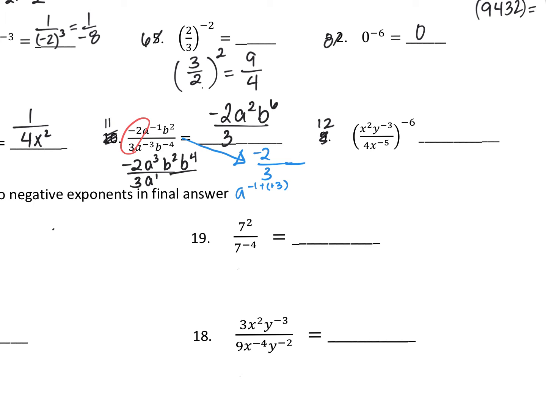Plus positive becomes a squared, right? 2. Is that what I got on the first way we did it? Yes. And then b to the 2 minus negative 4. The quotient property says we subtract our exponents, but we have to really pay attention to subtracting negatives. So we end up with b to the 6th.